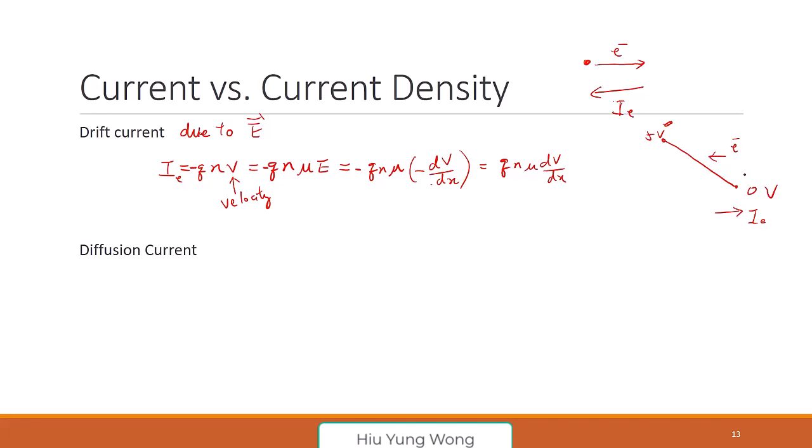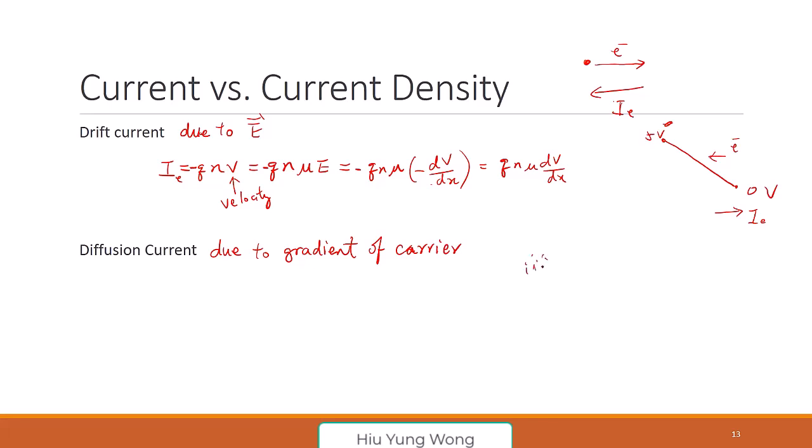But let me introduce another component, right? Another is the so-called diffusion current. It is due to the gradient of electron. Even if you don't have an electric field, it's due to the gradient of the carrier. They will diffuse from somewhere.